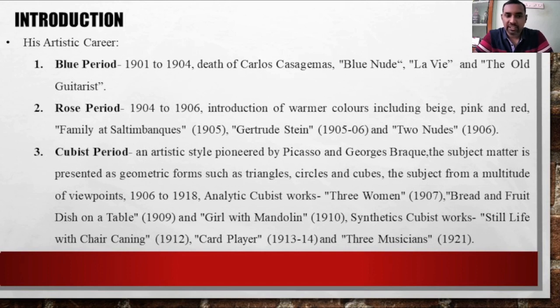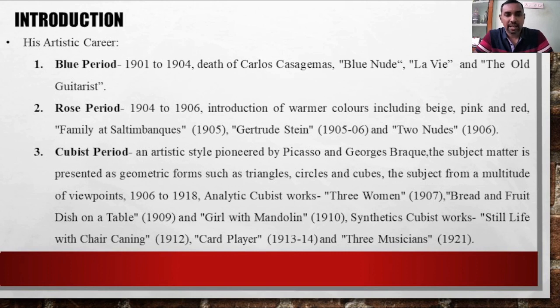Deeply depressed over the death of his close friend Carlos Casagemas, he painted scenes of poverty, isolation, and anguish, almost exclusively in shades of blue and green. His most famous paintings from the Blue Period include Blue Nude, La Vie, which means life, and The Old Guitarist, all three of which were completed in 1903.